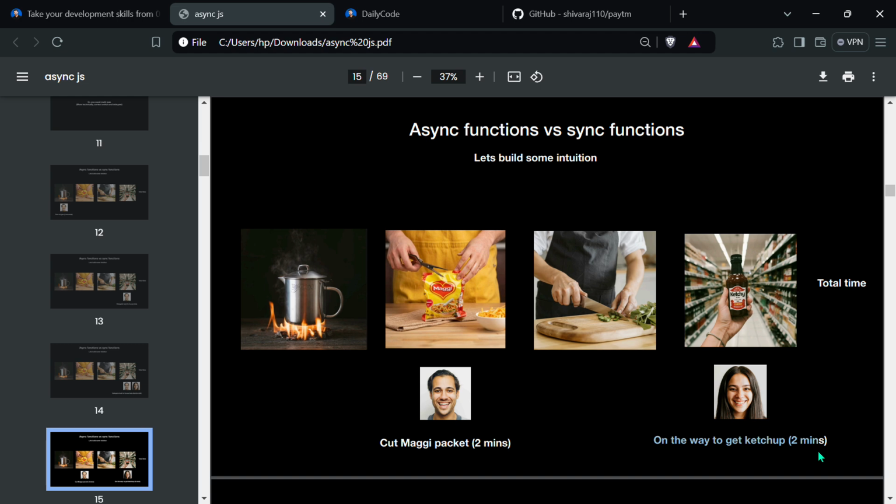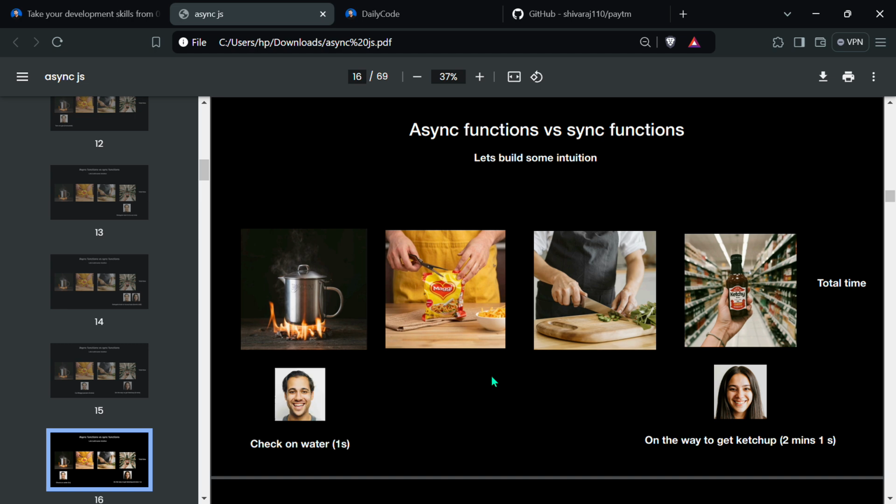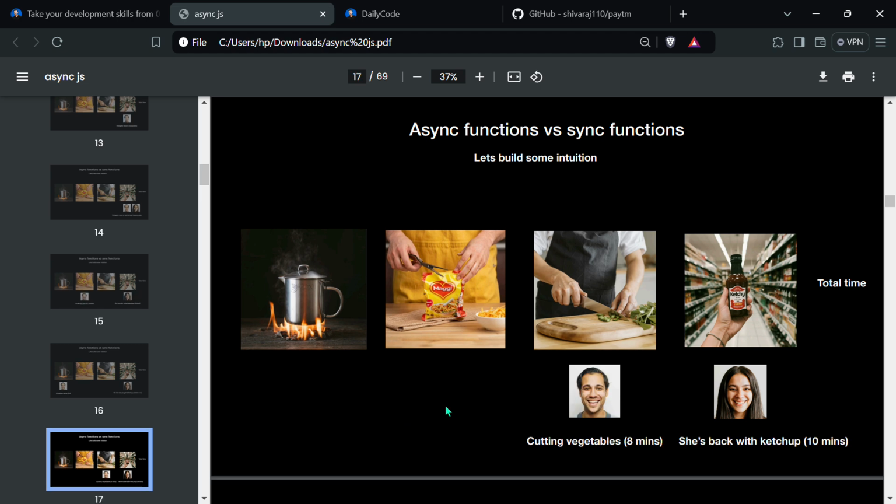2 minutes have passed since she went to the shop. In the meantime, you are cutting the Maggie packet, 2 minutes. You have to check on the water whether it's completely boiled or in the process of boiling. And you have to come back to cutting vegetables. After 8 minutes of cutting vegetables, Kamala Didi came back with the ketchup, which she brought in 10 minutes.